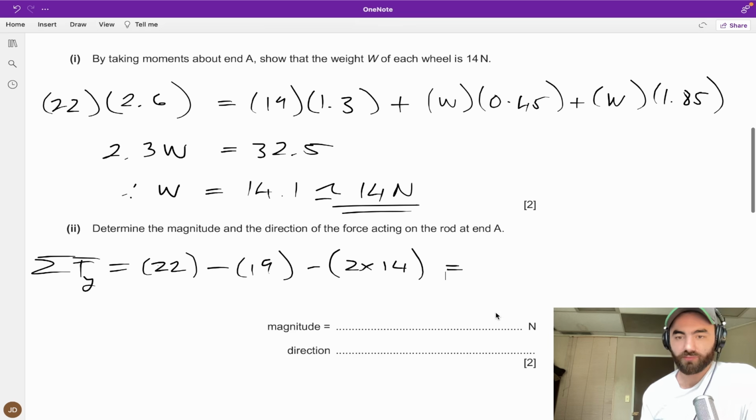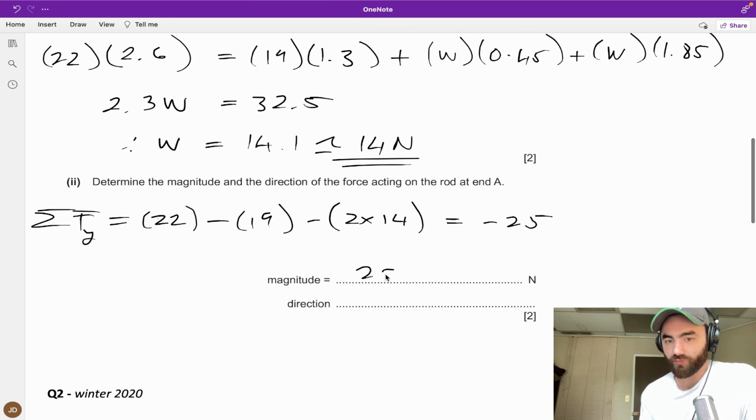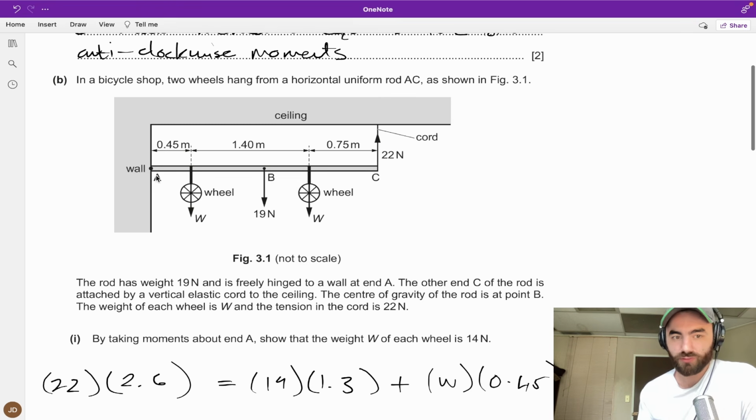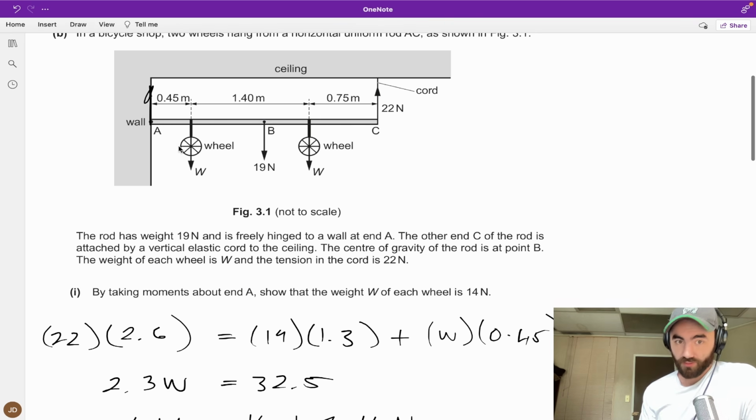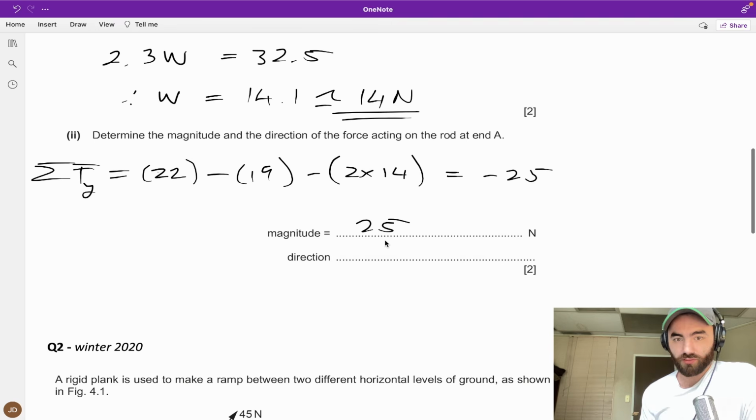It's minus 25. So the magnitude will be 25 newtons. So we have a 25 newton force, but it will be acting upwards, right? Because that's going to be due to Newton's second law. This thing wants to fall down, but the friction with the wall is pushing a force equal and opposite to that, pushing it up to keep it at equilibrium. So it would be 25 newtons upwards.